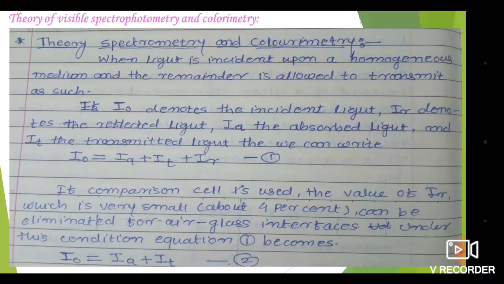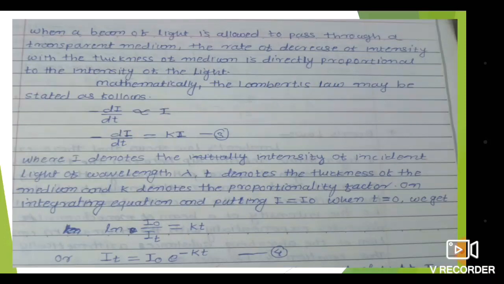Then, when a beam of light is allowed to pass through a transparent medium, the rate of decrease of intensity with the thickness of the medium is directly proportional to the intensity of the light.